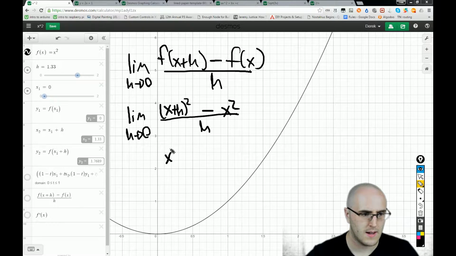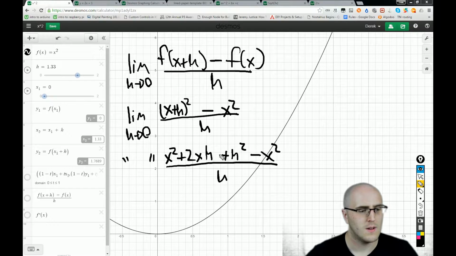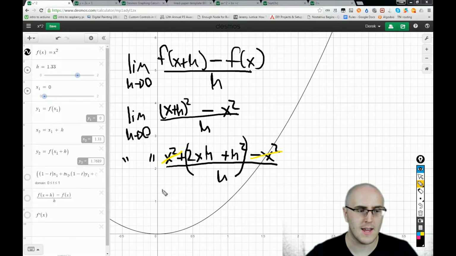So we get x squared plus 2xh plus h squared minus x squared over h. And from here you can see easily that the x squared terms cancel, and we're left with this section here, which we can divide out the h, and we end up with 2x plus h, and the limit as h approaches 0.